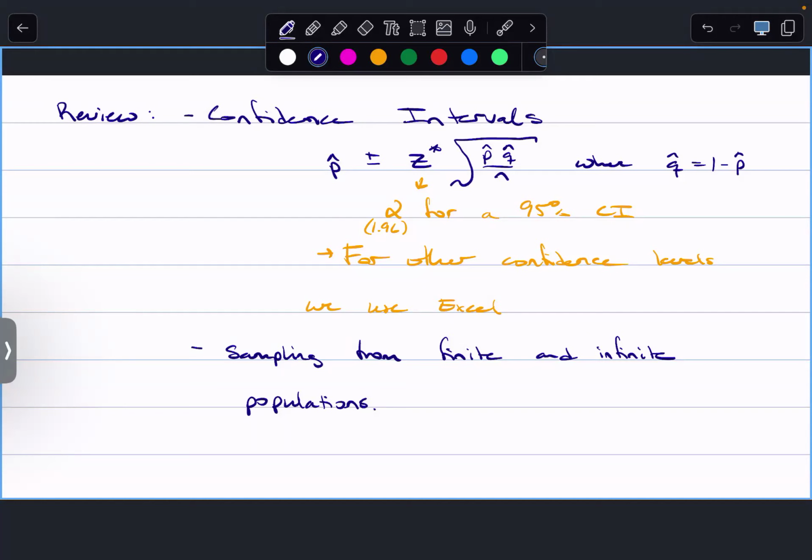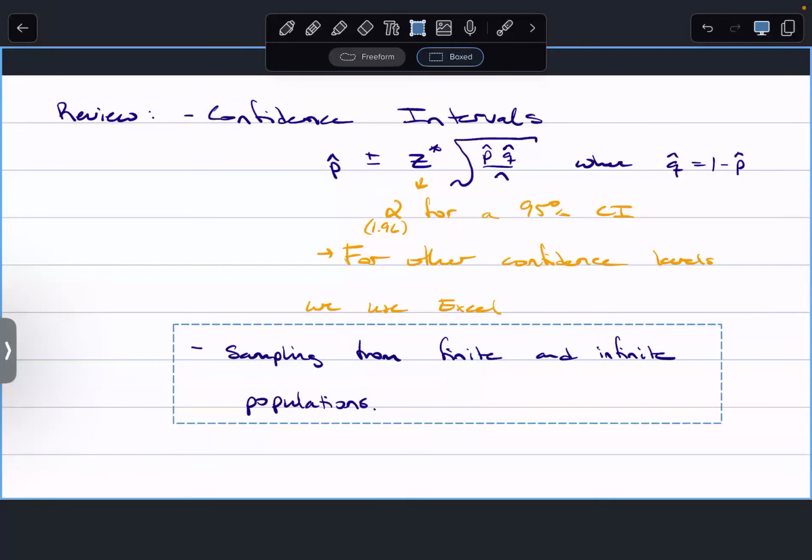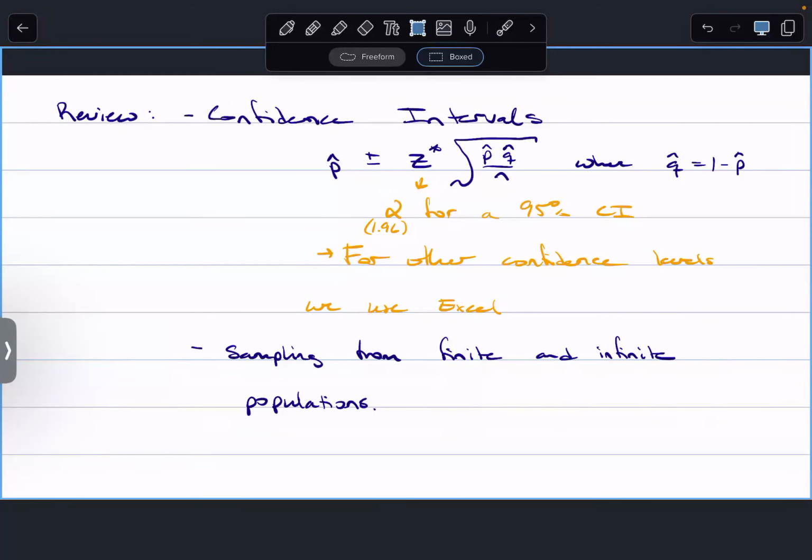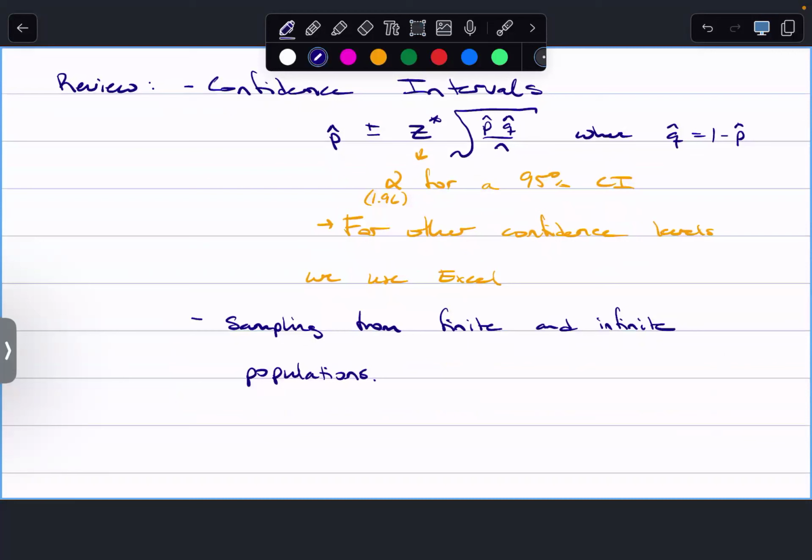Okay, so last day, I just have to think about, we did just confidence intervals. This was actually last week. Oops. Last week. I'm not going to erase it.